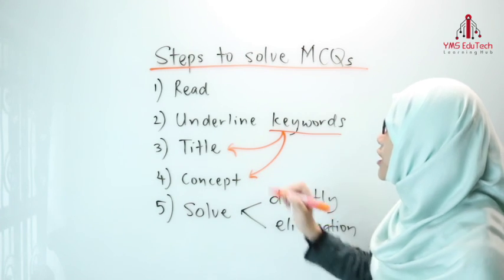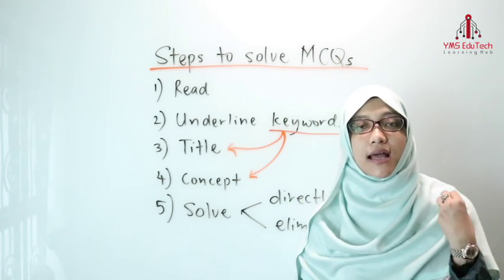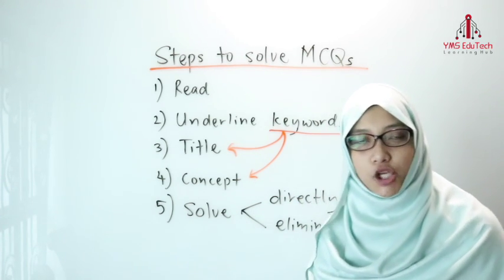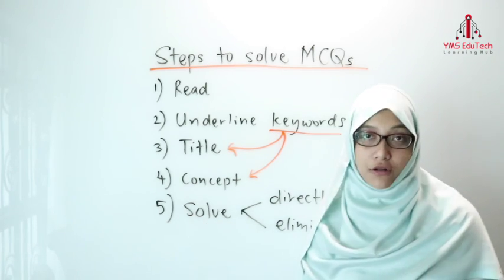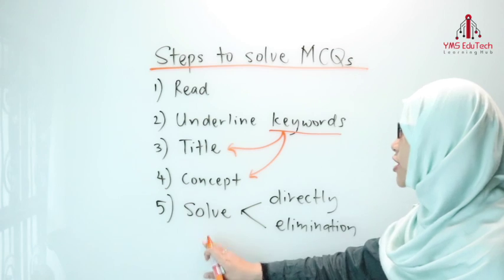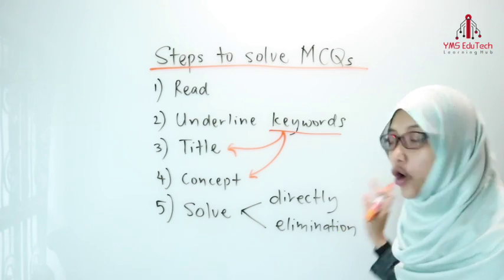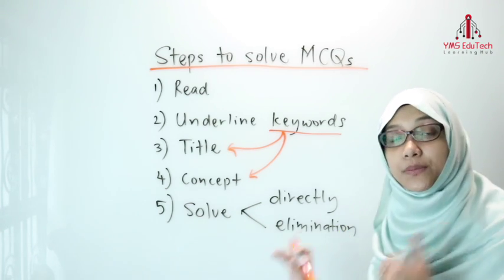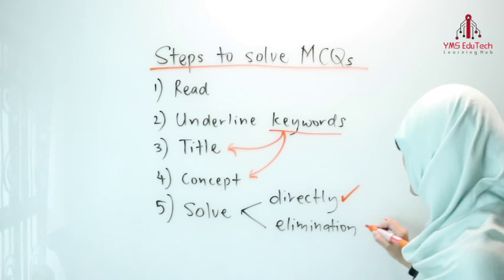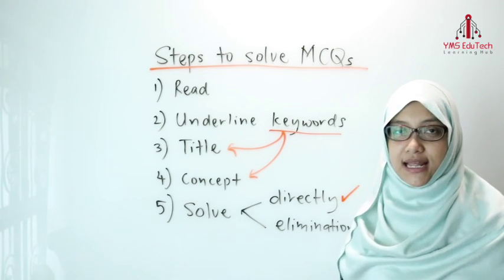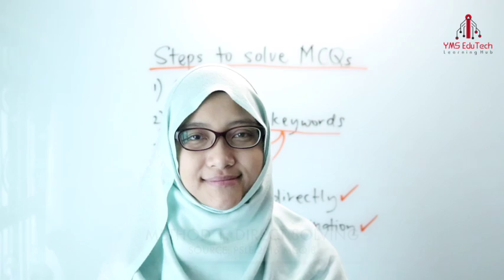And number 2, from the keywords, you can extract out the concept that you are being tested on. And lastly, you solve. You can either solve by direct method or by elimination. I'll be showing you what is the difference between direct solving and elimination in the next 2 examples.